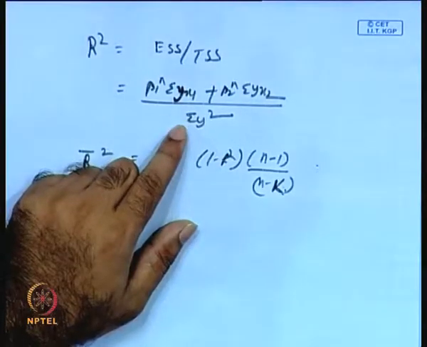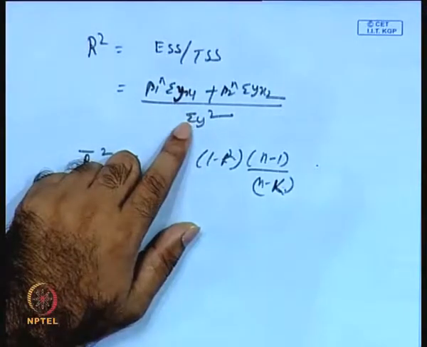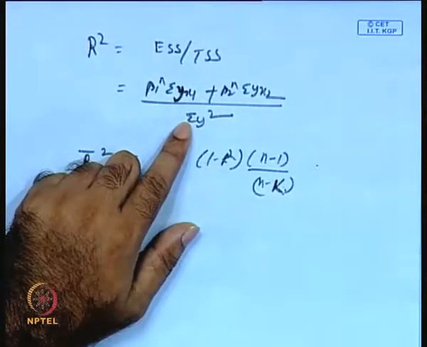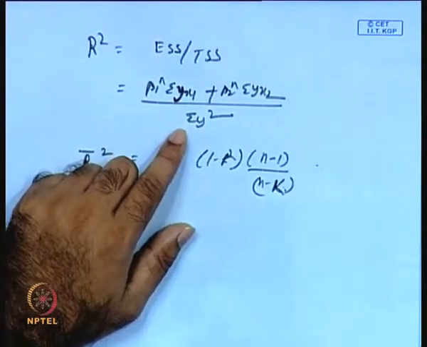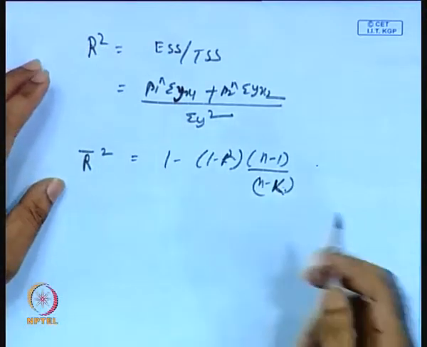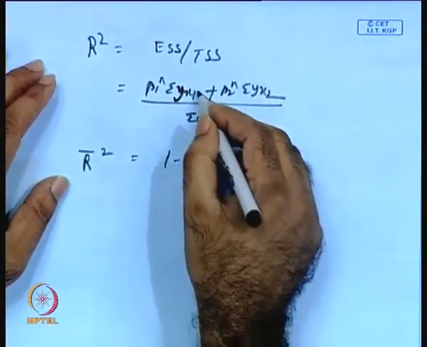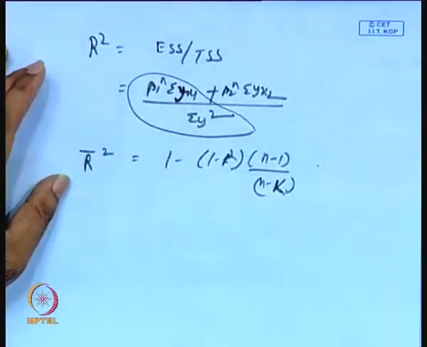The moment you add one variable after another in the system, your R square value will increase continuously. The reason is that it is the ratio between explained sum of squares and total sum of squares, but total sum of squares remains the same in every case, whether bivariate, trivariate or multivariate, while the upper side keeps adding. In the bivariate setup the numerator has this much only; in the trivariate it has this much.